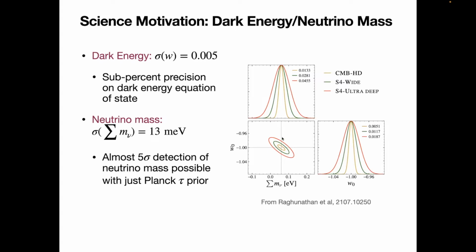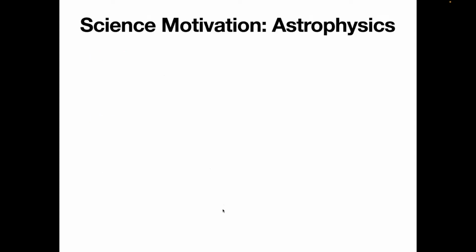And this particular constraint is from using tSZ clusters plus CMB gravitational lensing to measure the masses of clusters, but it doesn't fold in the additional constraint you have from straight CMB lensing power spectrum. So that's a lot of fundamental physics.